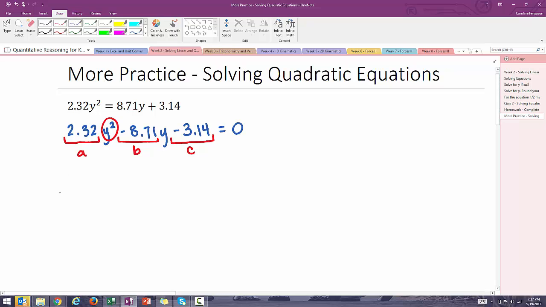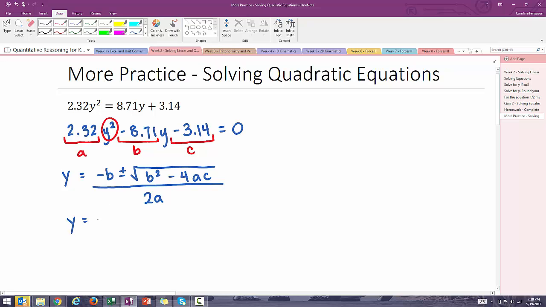So now we're going to write out the quadratic formula. The quadratic formula always begins with the variable that you're trying to solve for. So in this case, the variable is y is equal to negative b plus or minus the square root of b squared minus 4ac all over 2a. So now we're going to sub in all of the numbers that we have for a, b, and c.